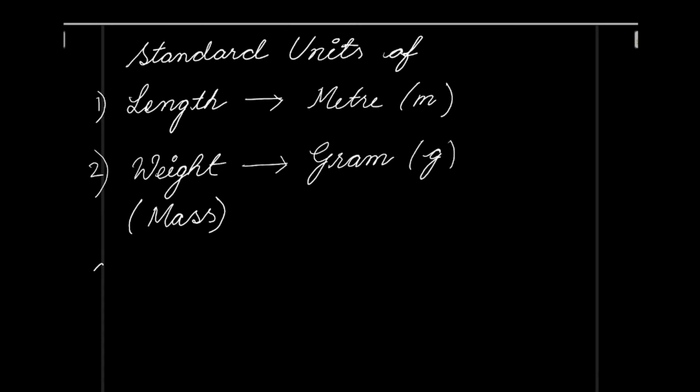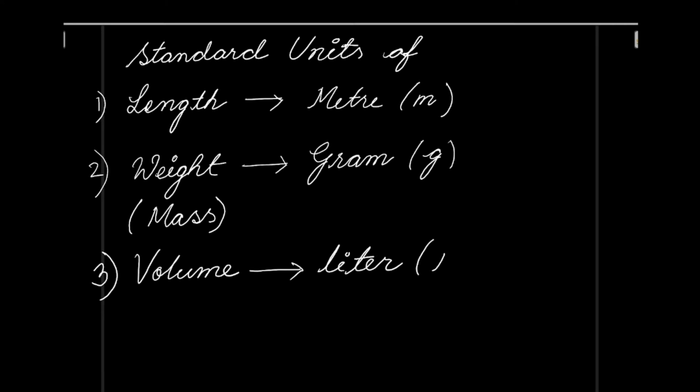Okay. Last one, standard unit of volume. Standard unit of volume is what? Liter, which is denoted by small l. Okay. So basically we have to remember these 3 standard units.